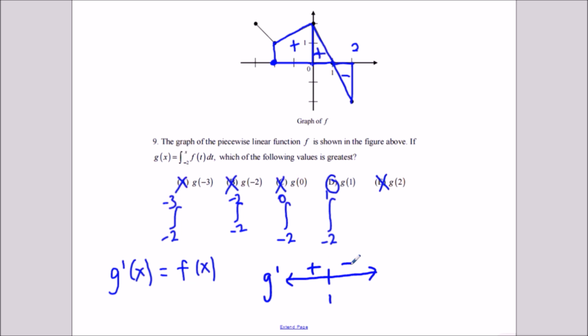So if this is the only critical value on our interval and it's the site of a local maximum, then that would also make it an absolute maximum because it is the only critical value. So that's using more theory of why the answer to question 9 is letter D.